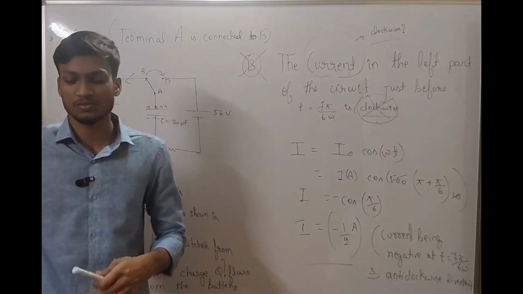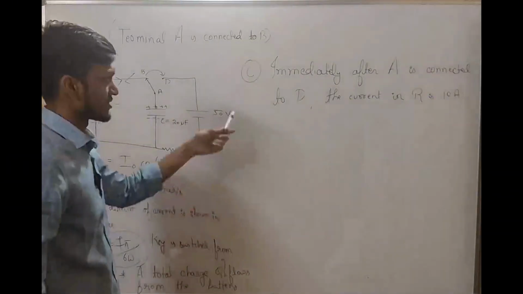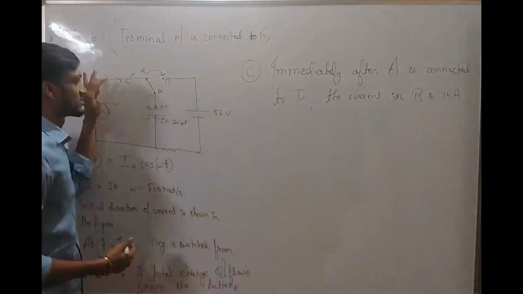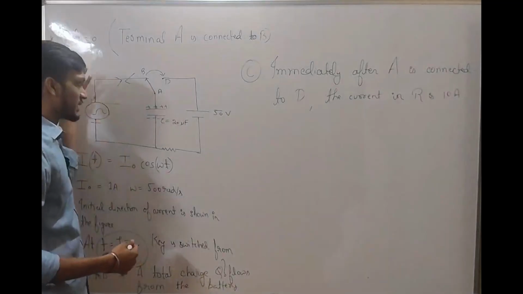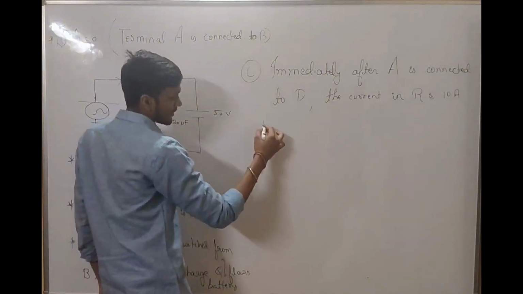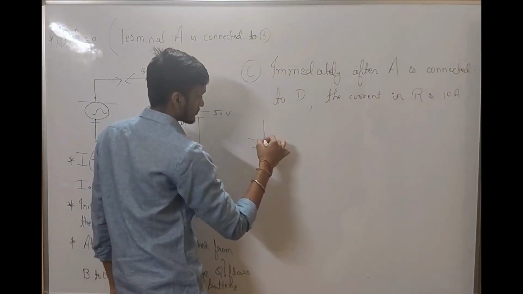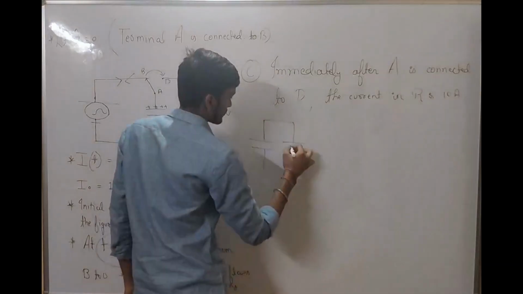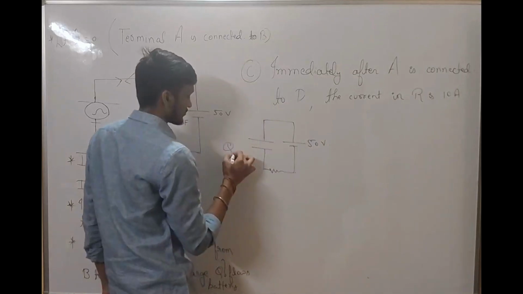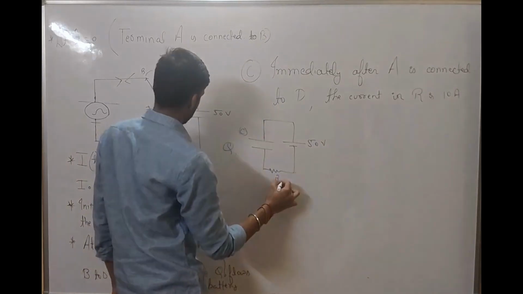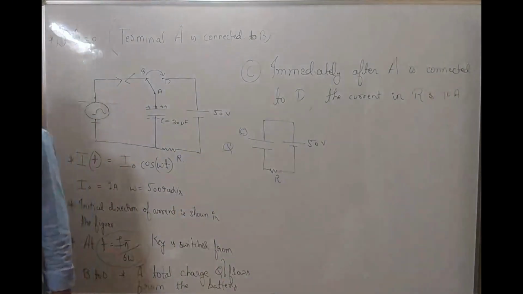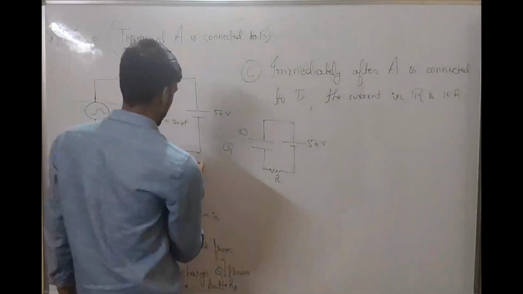Let's move on to the next option. Let's analyze the third option, immediately after A is connected to D. So now this part's role is over, and we have connected A to D. So the new circuit would become resistance R, and resistance R is given to us as 10 ohm.